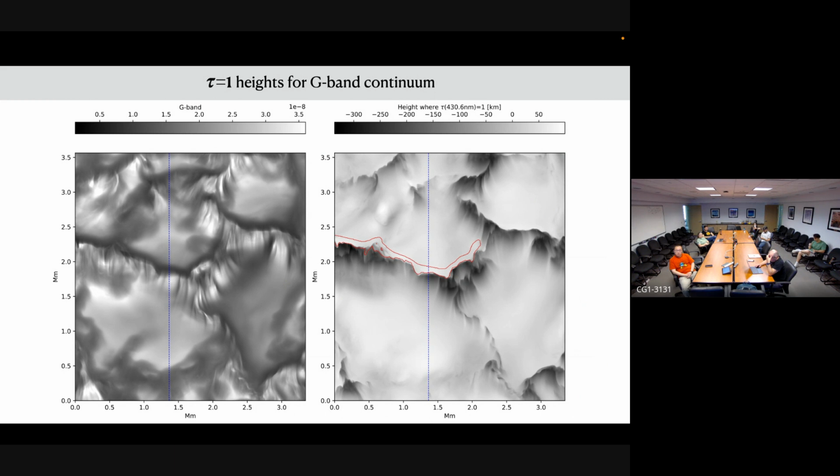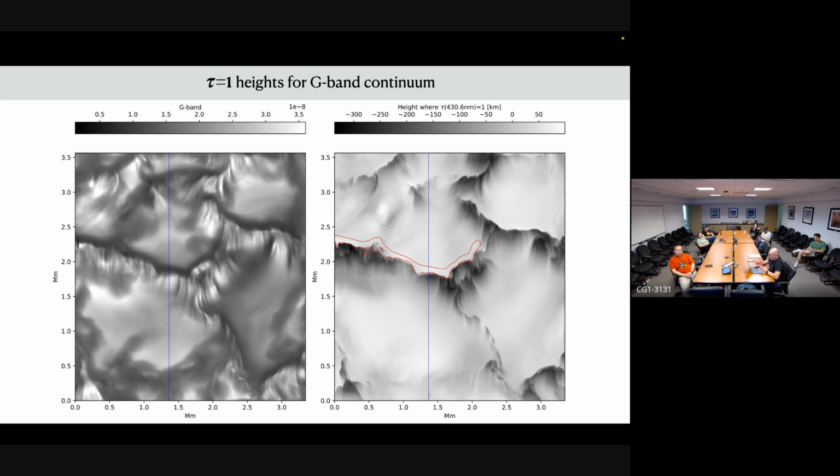Okay, we also calculated the height of the surface where the optical depth reaches unity, at different spectral positions along the G-band, from the MURaM simulation.